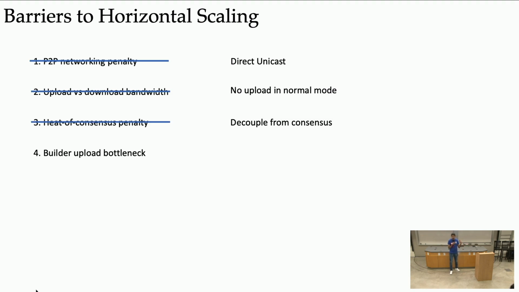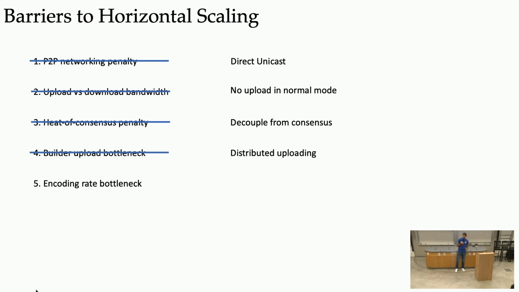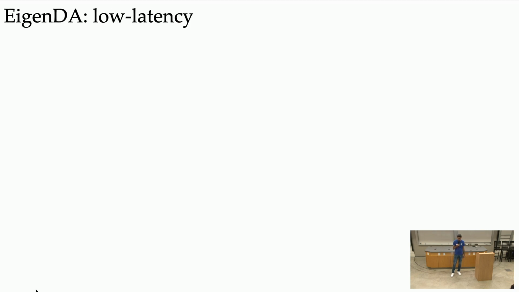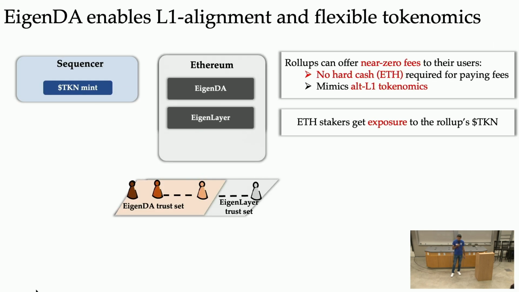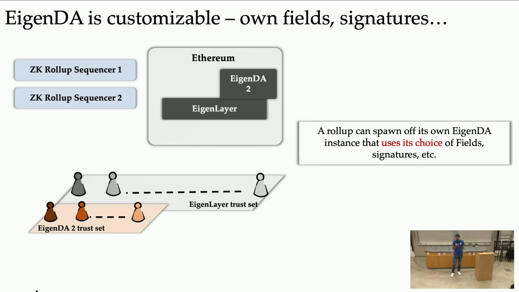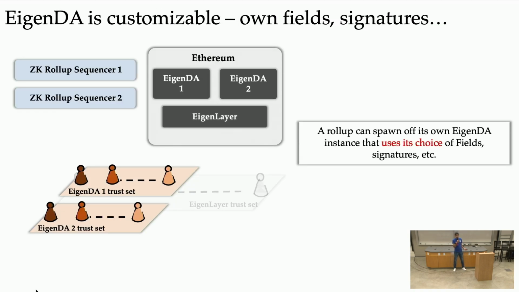There's overheads due to a single builder having to upload all the data. There's overheads due to encoding. All kinds of things can be completely removed in this architecture. Let me skip. It's highly customizable because it's a service on top of EigenLayer. You can run a variant of EigenDA which can do a variety of other things.